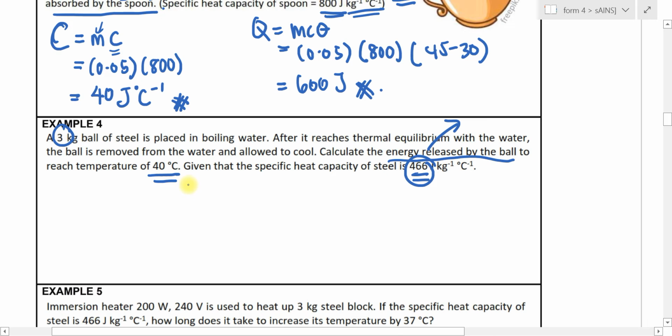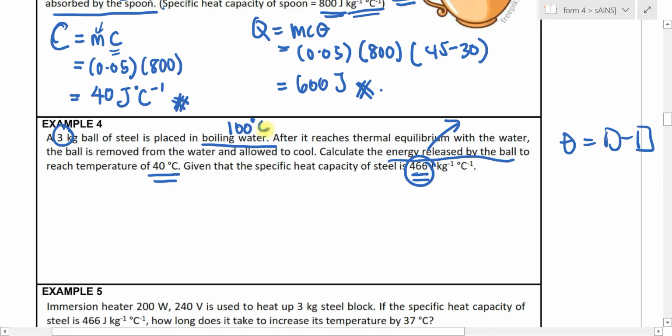So this one you need to think. It is first of all dia cakap ini bukan theta. Theta tu mesti something minus something. So dia cakap it is dropped to 40 degrees Celsius, not by 40 degrees Celsius. So initially 3 kg ball you place in where? Boiling water.